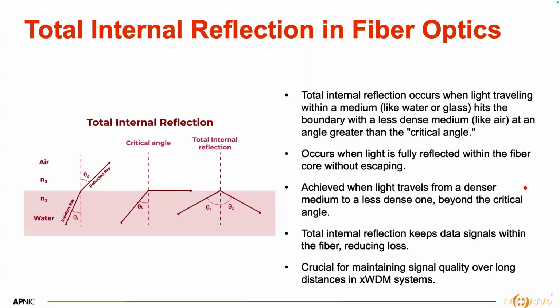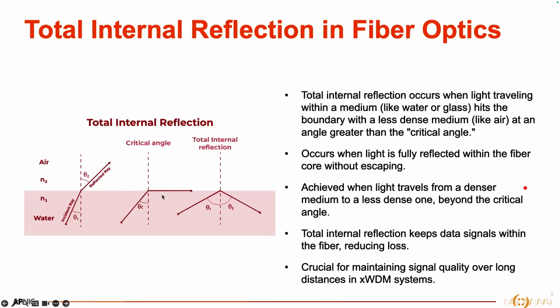The angle you are throwing the light in the water medium is called the angle of incidence, and that angle is calculated between the light beam and the perpendicular normal line between these two layers. Here, theta 1, or theta I actually, right? This one is the angle of incidence. And this is the angle of refraction. Here, as you can see, the light bends a little bit towards the denser medium.